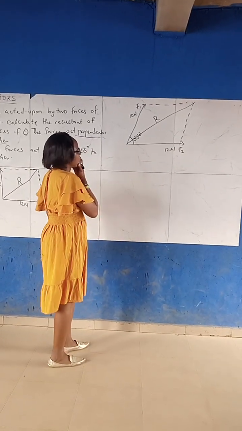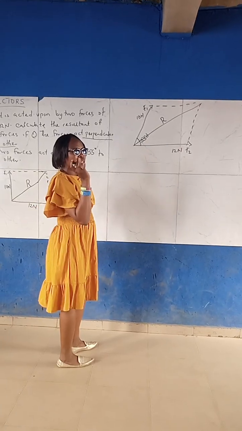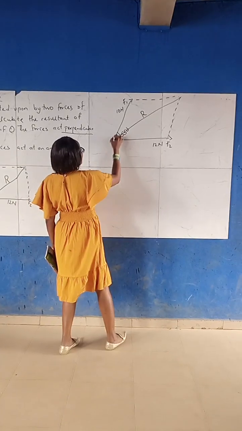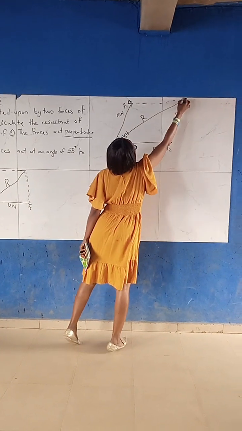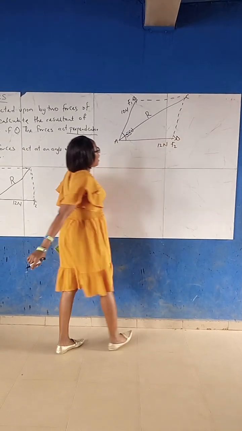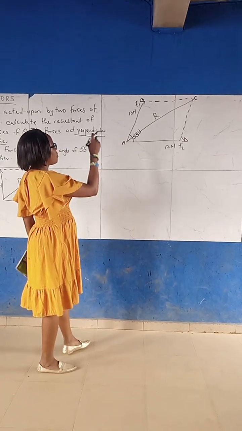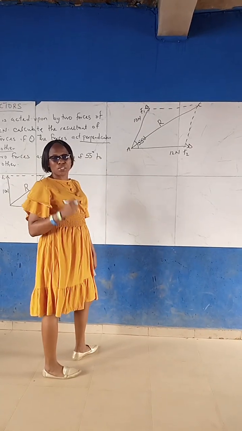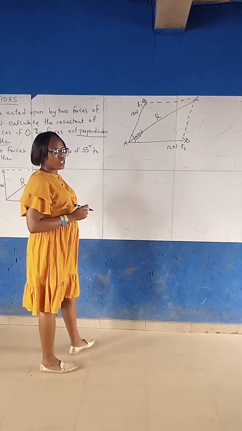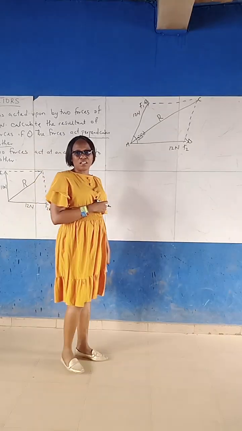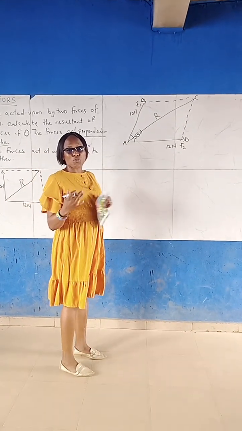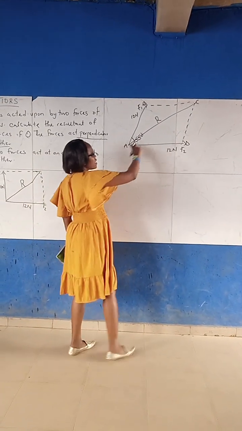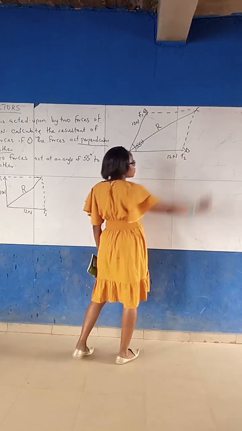Now, to get the resultant, I'm going to make use of the cosine rule. Let me label the parallelogram A, B, C, D. To get the resultant, you know the total angle in a parallelogram is 360 degrees. And what are the properties of a parallelogram? The opposite angles of a parallelogram are equal. Now, if angle A is 55 degrees, definitely angle C will be 55 degrees.